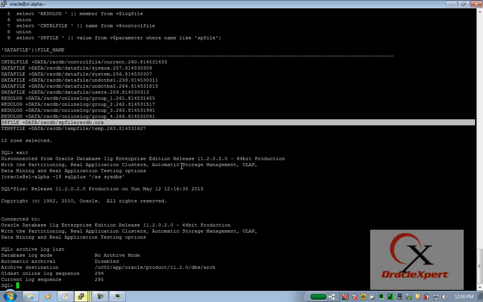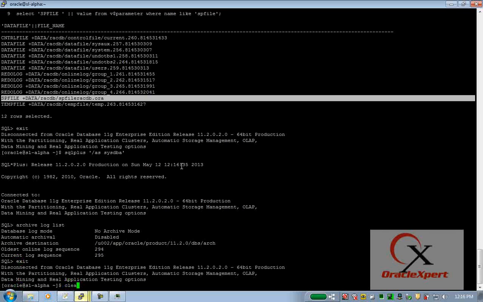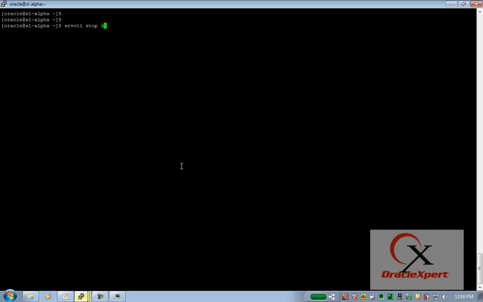So I am trying to replicate the same thing. To do this, first I need to stop my database. So I am stopping my database, after which I will only start my current instance, convert the database to archive log mode, and then bring up all the instances.